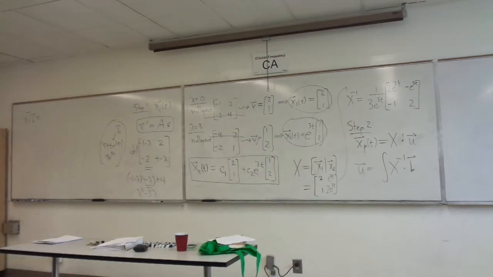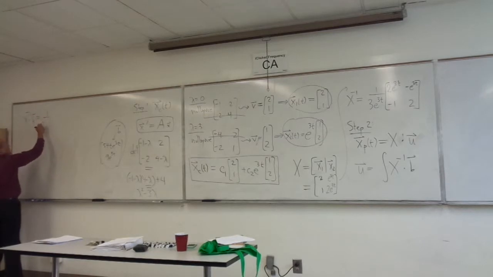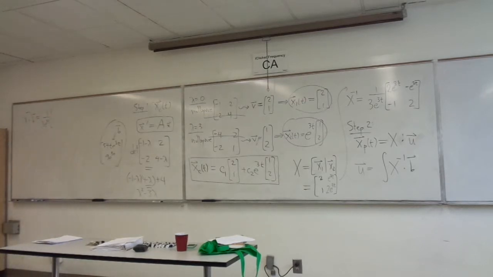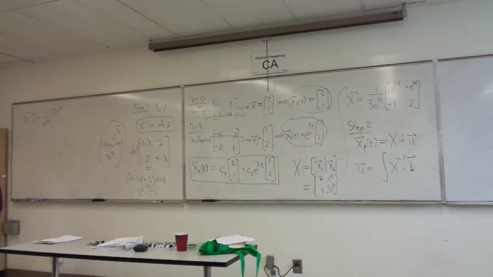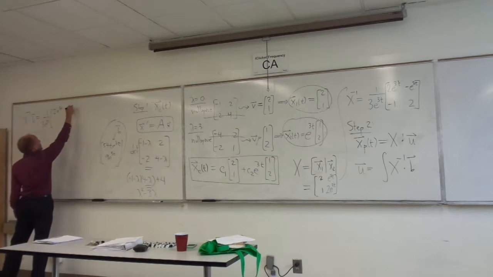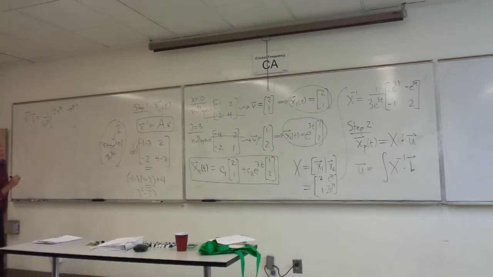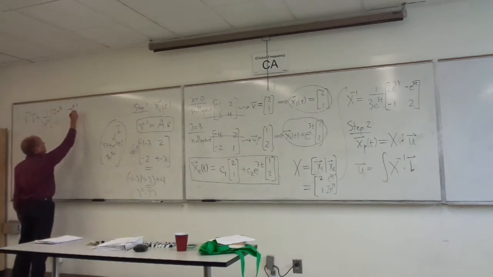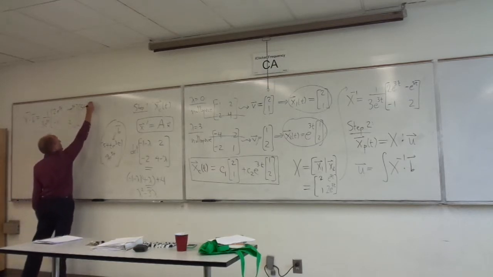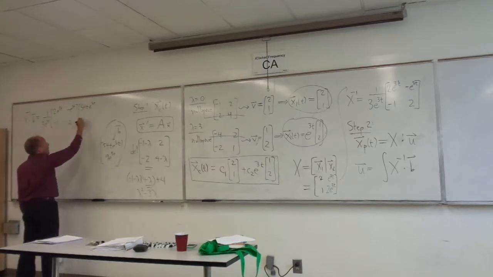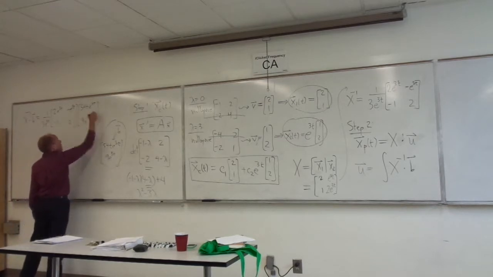So it's what? 1 over 3e to the 3t times 2e to the 3t and negative e to the 3t, and we have negative 1 and 2, multiplied by 54t e to the 3t and 9 e to the 3t.